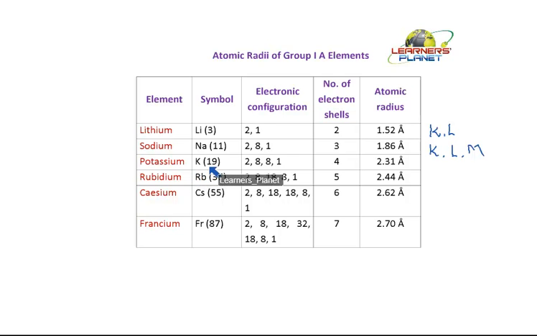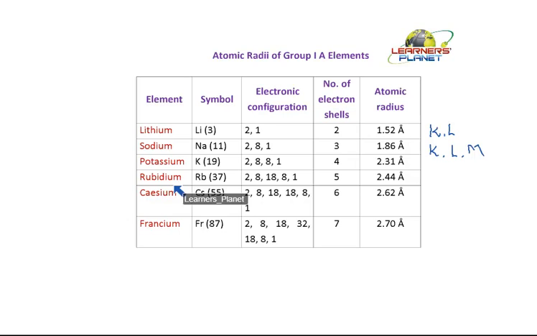The atomic number is 19. The electronic configuration is 2, 8, 8 and 1. There are 4 shells, K, L, M, N. The atomic radius again increased, to 2.31 angstrom.